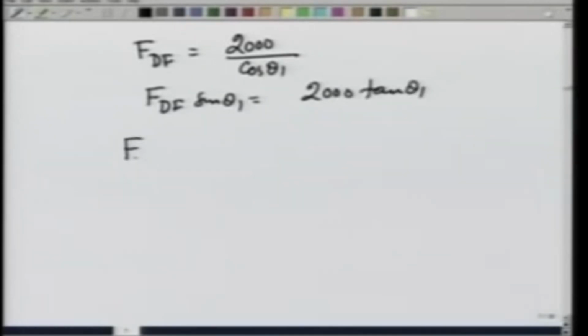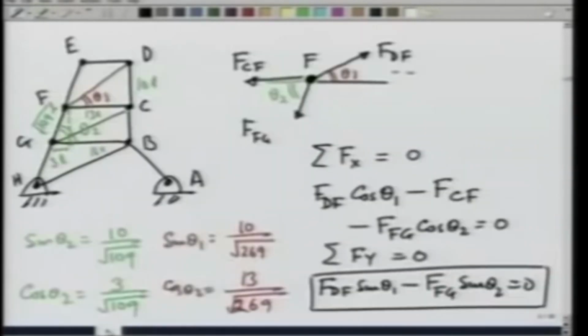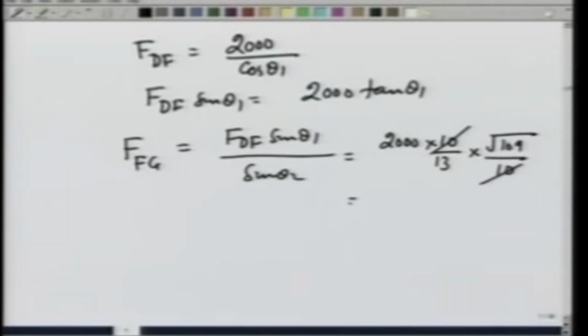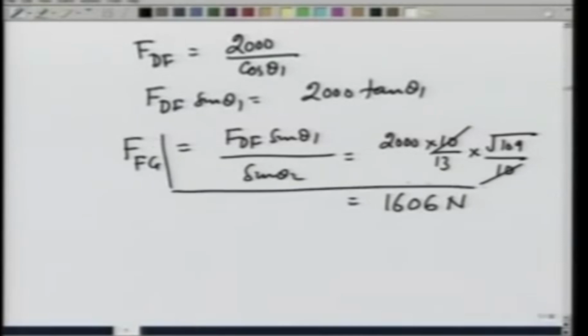And F_FG is going to be F_DF sine theta 1 over sine theta 2, which we saw from this balance equation. That is 2000 times 10 over 13 times the square root of 109 divided by 10, and that comes out to be 1606 newtons. So, we have found F_FG also.